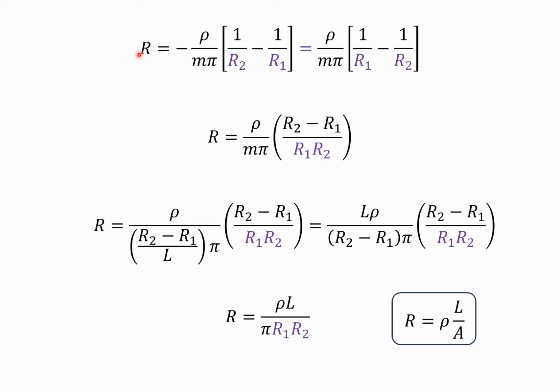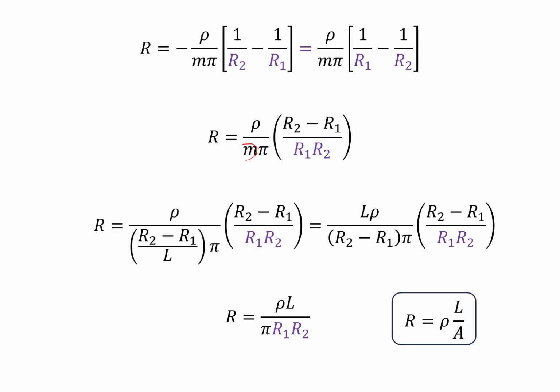Now we got R is equal to minus rho over m pi, times (1 over R2 minus 1 over R1). I want to bring this negative sign inside the brackets. Then this will become 1 over R1 minus 1 over R2. If you take R1 and R2 as common in the denominator, then you will get R1 R2 in the denominator and R2 minus R1 in the numerator. So I am rewriting this as (R2 minus R1) divided by R1 R2. Now here there is an m.